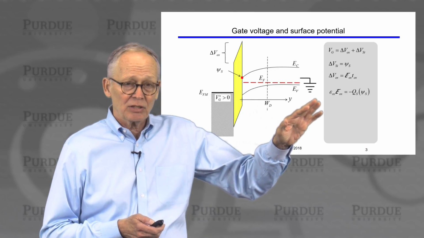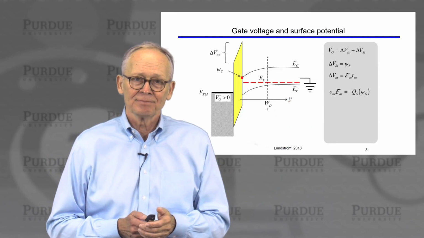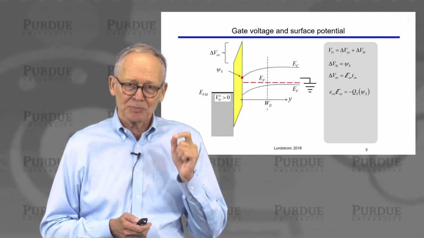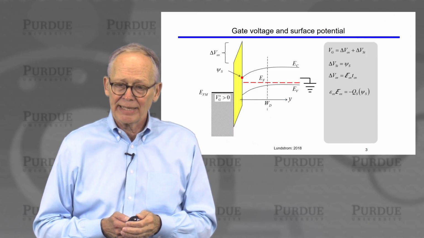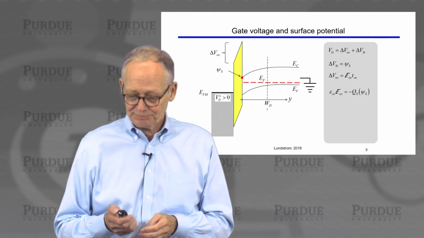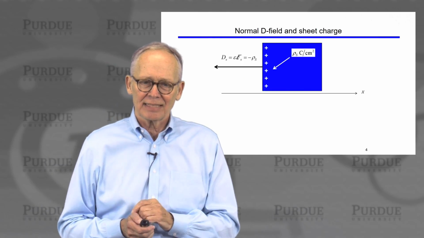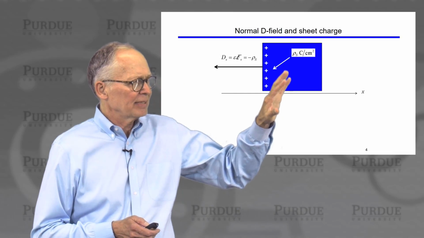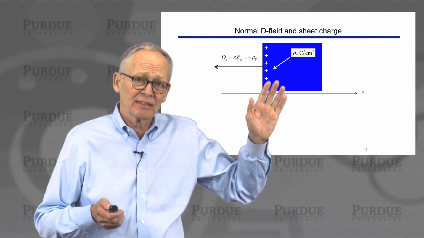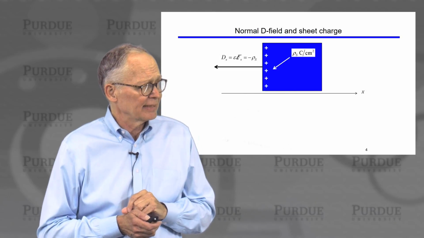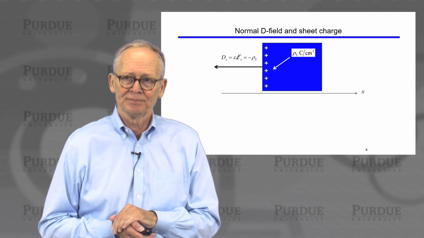You may remember we saw this expression earlier. The normal displacement field, which would be epsilon in the oxide times electric field in the oxide, should be equal to minus the charge in the semiconductor. That's what we saw from the solution to the Poisson equation. Just to discuss that for a minute, if, for example, I have a metal, and you may have seen this in a course on electromagnetic fields or electrostatics, I may have a sheet of charge right on the surface of the metal.